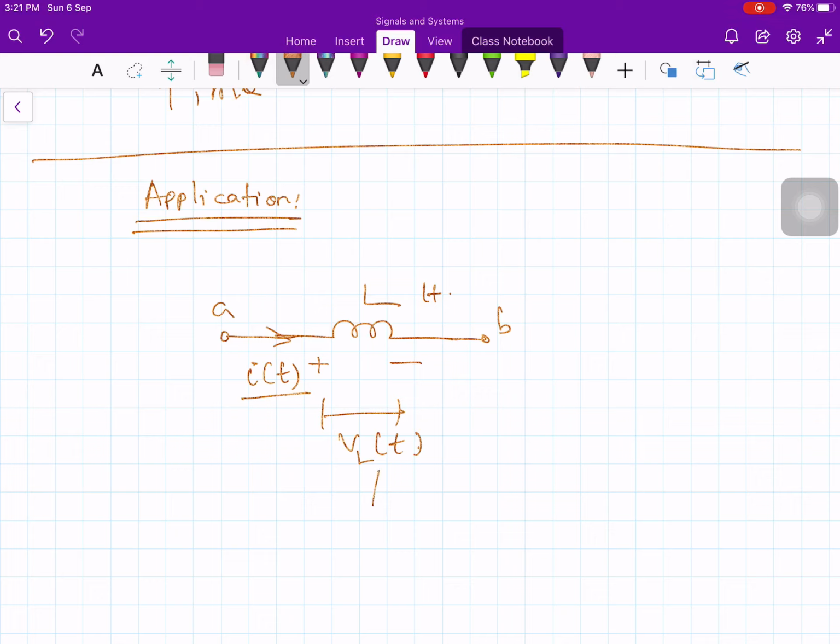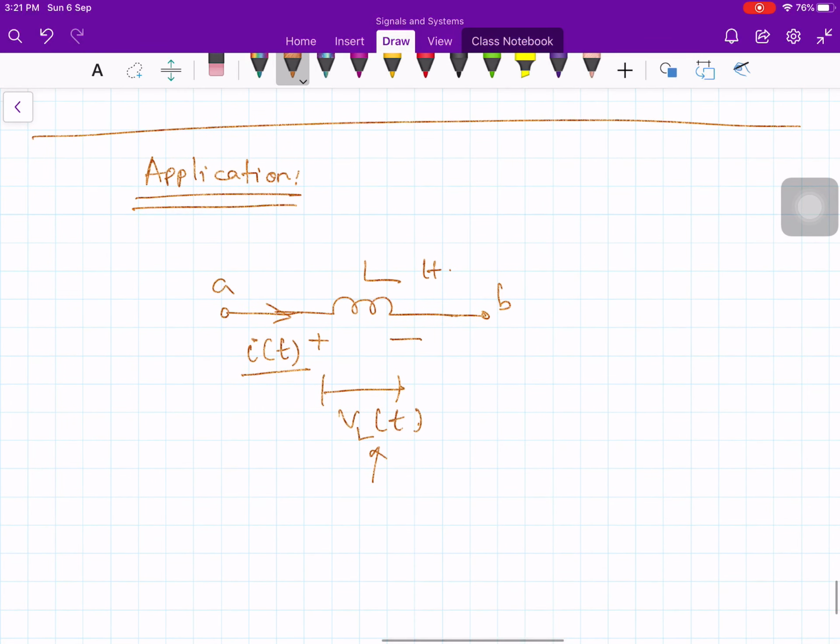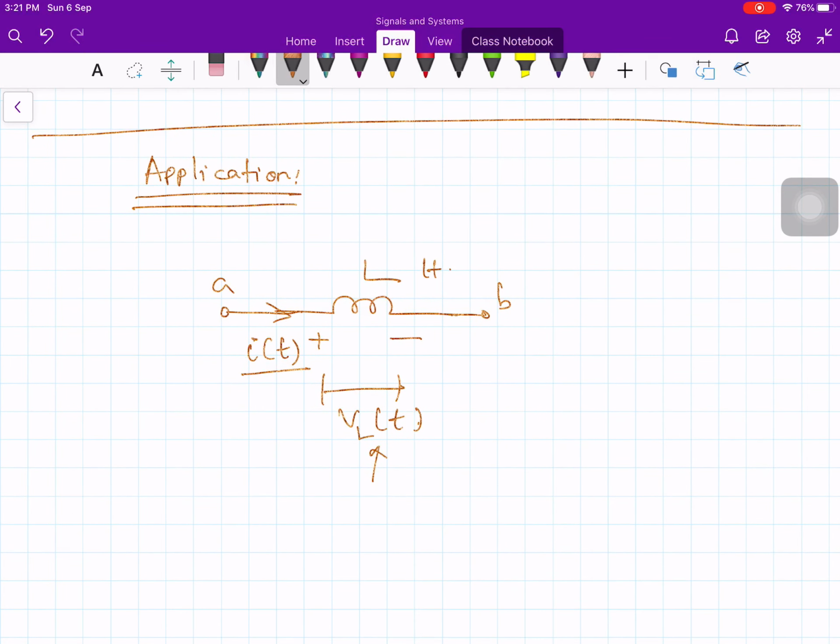Now the fundamental rule relating vL of t and i of t in the time domain is, recall from your physics, vL of t is equal to L times di of t divided by dt.